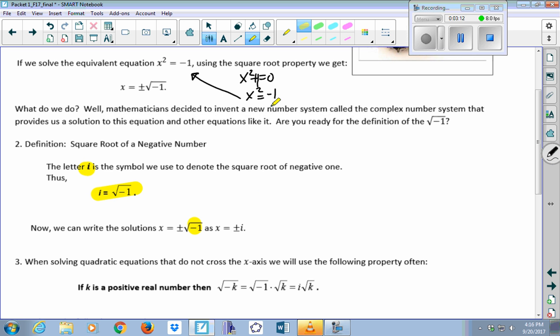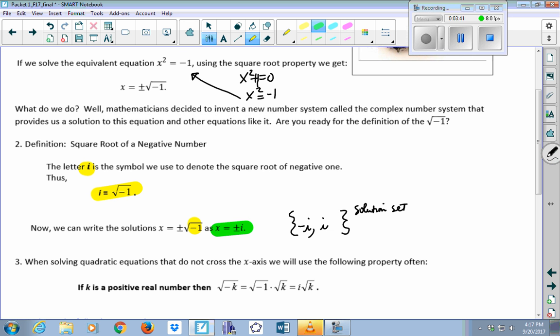So we would say that the two solutions to that equation are plus i and minus i, or negative i. If we were to write the solution set, we put our smaller value first and our larger value second. So this would be the solution set. This will help you out with your homework. So you have to write your answers as solution sets.